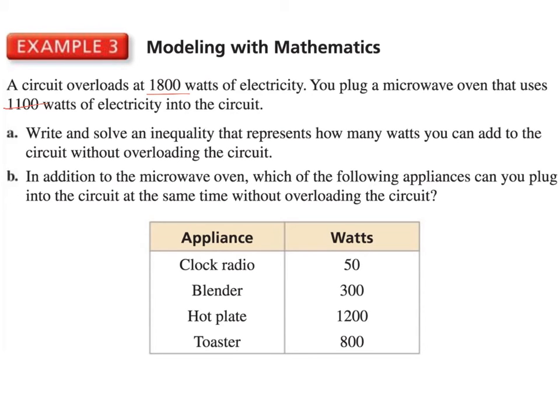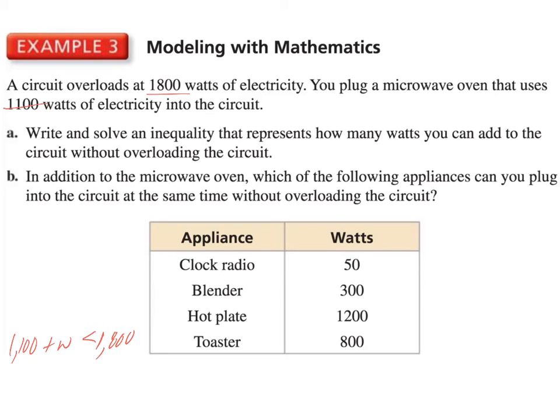Here's a big idea. The microwave requires 1,100 watts, and I can't go over 1,800 watts. So whatever I add onto this 1,100 watts, it has to be less than 1,800 watts.